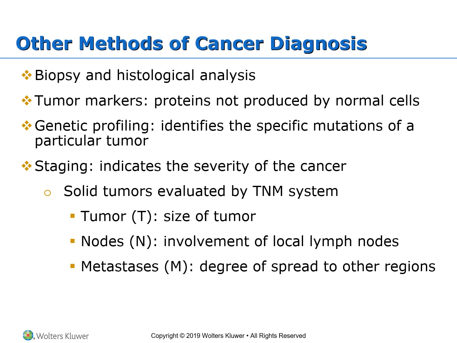We'll have specific ones. Usually those tumor markers are used for the follow-up of the patient. Whenever those tumor markers are increasing suddenly in a former patient that had some cancer, we need to look for a recurrence of the disease. We also look into genetic profiling of a cancer, and that looks for identifying some specific mutation in a particular tumor.